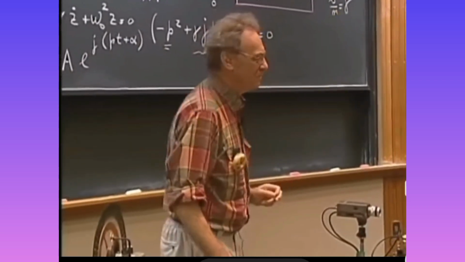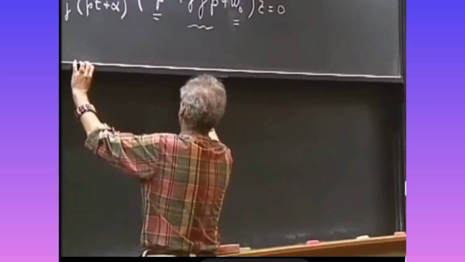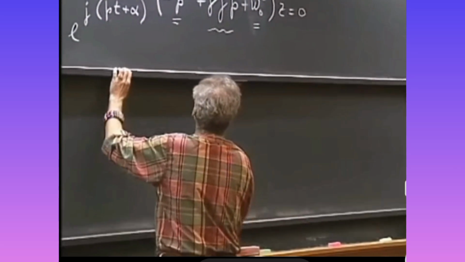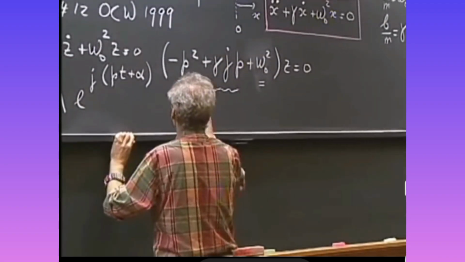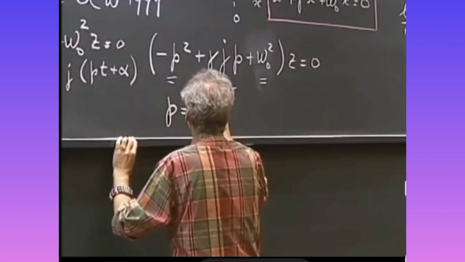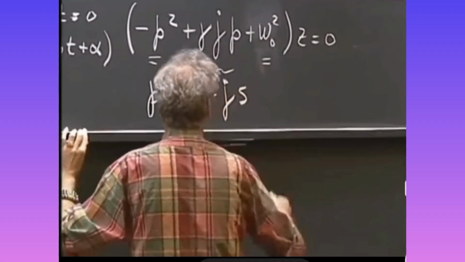Therefore, p itself must be complex. And so we're going one step further now, and we're going to say, the only way that we could make this work is if we say p equals n plus js, whereby n and s then, let's hope, are real.